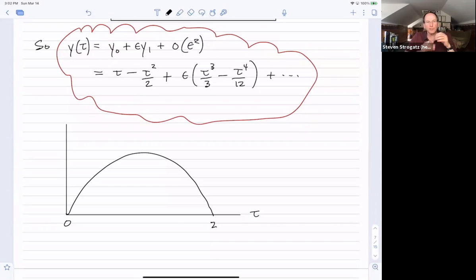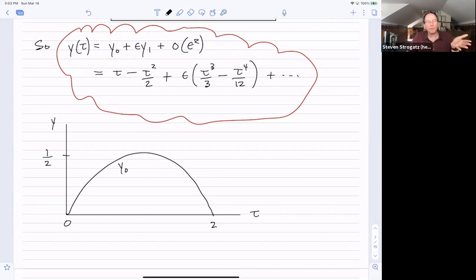Remember, I chose the characteristic time scale to be halfway through the motion, so that's why we're seeing a 2 rather than a 1. This would be the Y0 solution. It would also reach a max of 1/2, because the characteristic scale was chosen in such a way that this max would be a half. So this is Y.